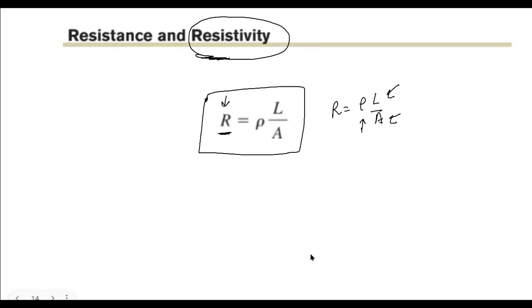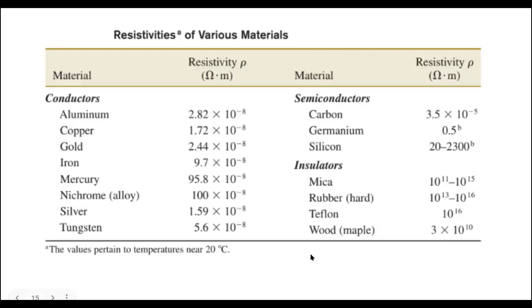So here I want to give you an idea what we are talking about. Each of the materials has its own resistivity value. For example, this table over here shows you some of the conductors. For example, aluminium, what is the resistivity value? It is 2.82 into 10 to the power minus 8.